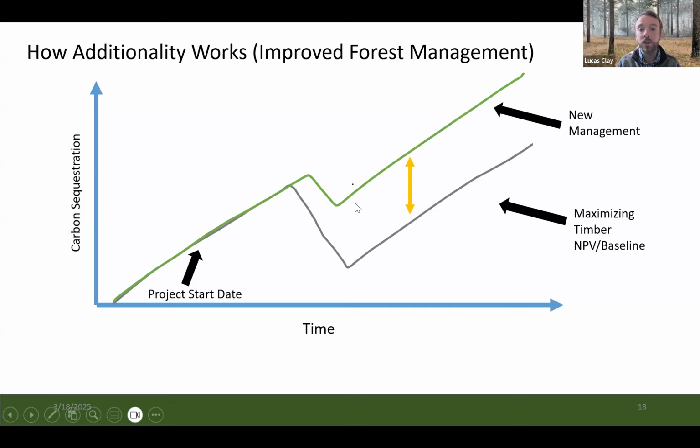And what that does is actually leaves more carbon on the landscape for longer, and then we're actually going to keep a lot of those trees, which is what we might call additional carbon. So when it comes to actually selling carbon credits, we're only selling the carbon that's the net change between the green line and the gray line in this graph. So that's where we get our additionality because we changed that practice.